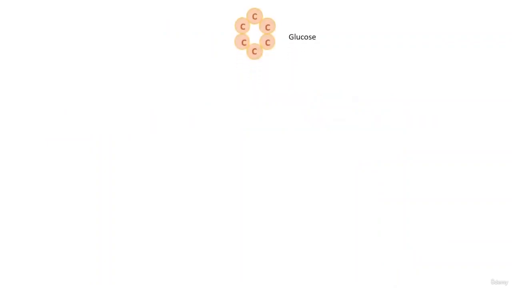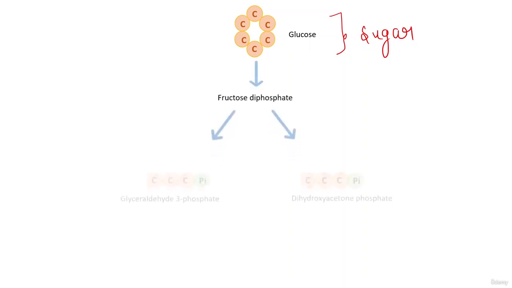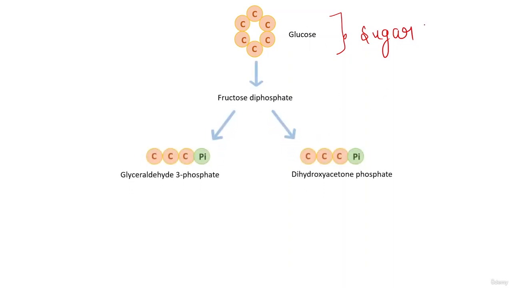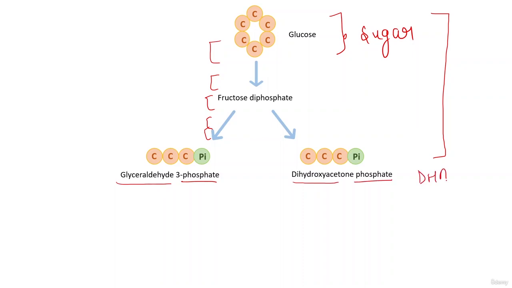So let's see this diagram. Here is the glucose, the sugar which is present here. This is just the overview of the first 5 steps. From glucose, through more steps, glyceraldehyde 3 phosphate and dihydroxyacetone phosphate, which is also known as DHAP, are produced.